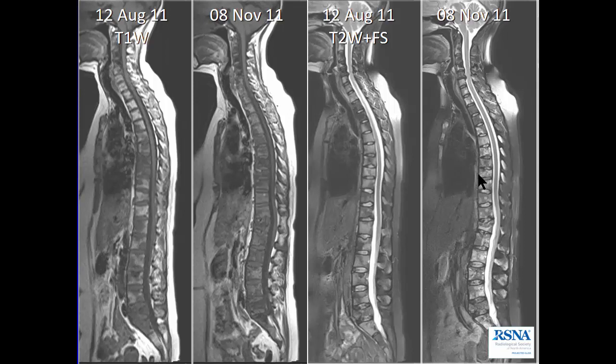Physicists don't have to answer, so won't tell. Okay, what do you think? Worse, better? Well, most radiologists would look at this and say, well, that's a bit more dark signal. That's probably tumor. Could be progression. This vertebral body here collapses. That's a significant skeletal event that would again go with progression.